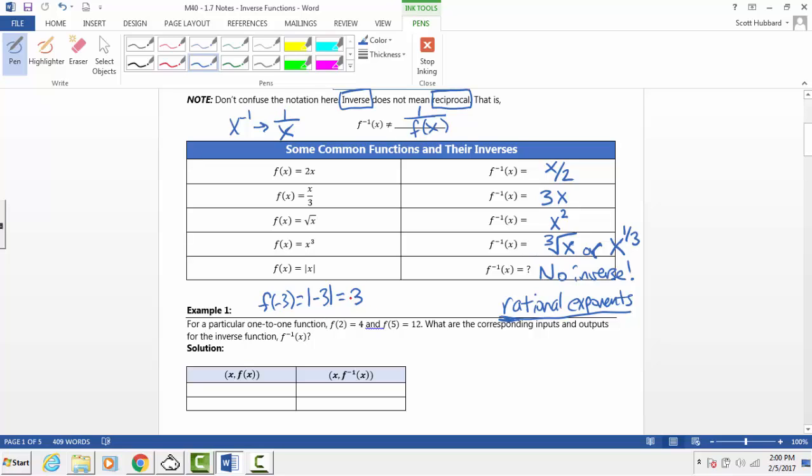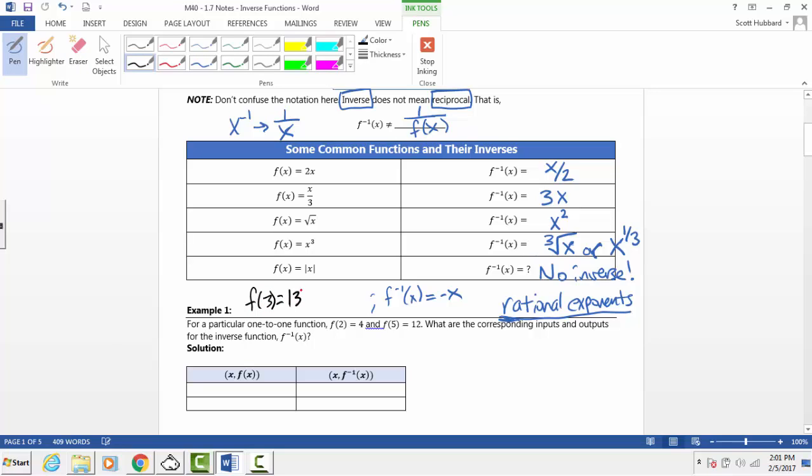Well, you might think, let's multiply by -3. It looks like absolute value kind of takes away the negative, so let's put the negative back on. So you might think the inverse would just be -x. But what if I plug in +3?